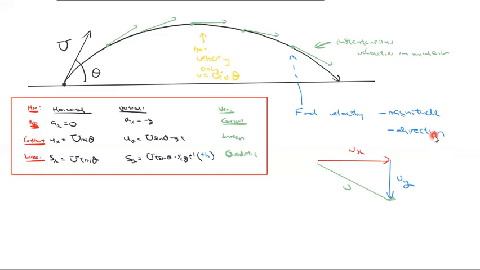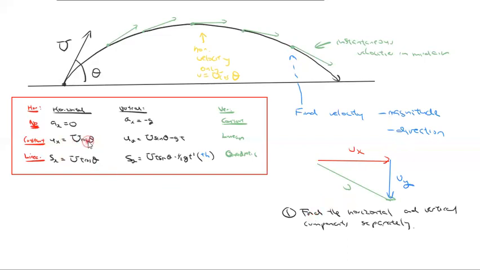So the way to do this question is, one, find the horizontal and vertical components separately. If they ask you, at a particular point in time, like t equals 10, what's the velocity and direction of the projectile, you just use the formulas and sub in t equals 10.